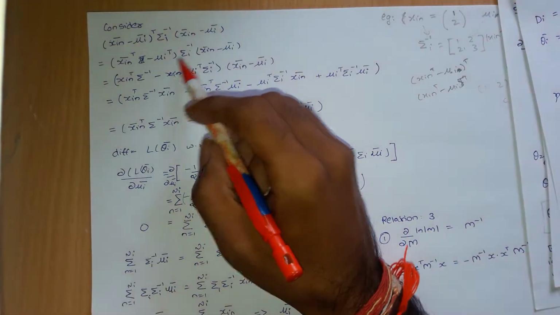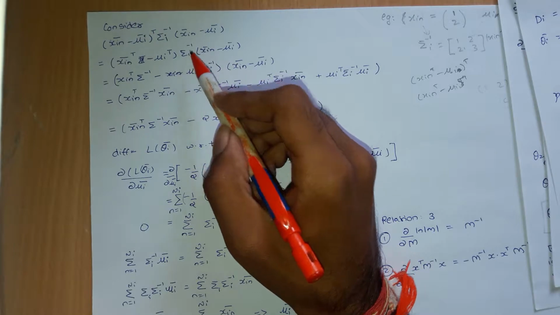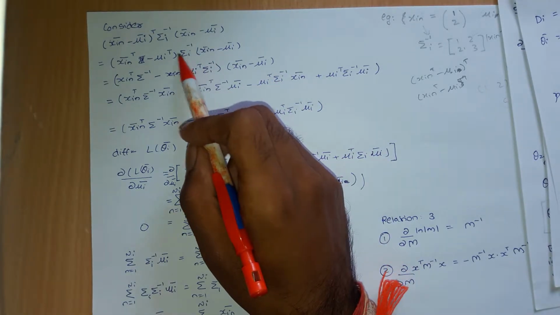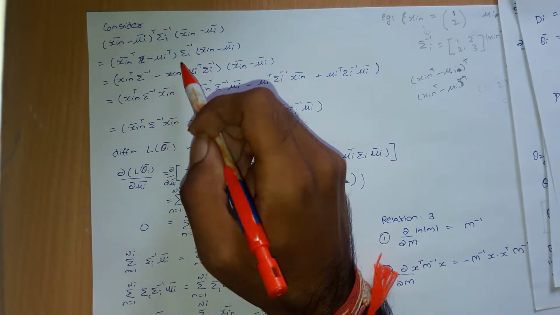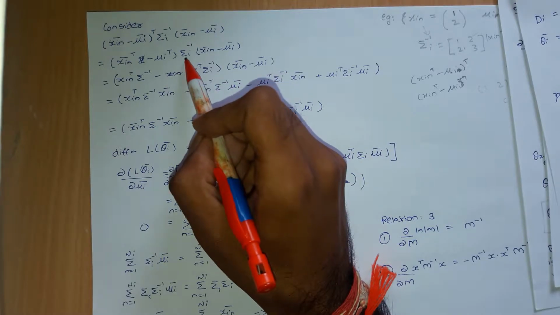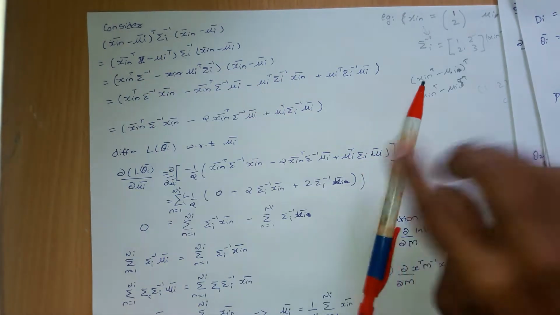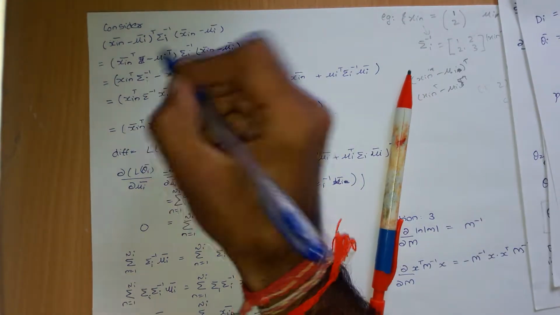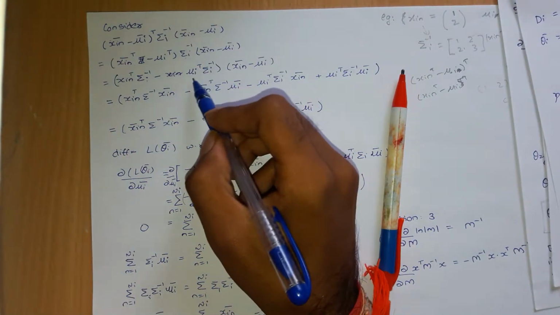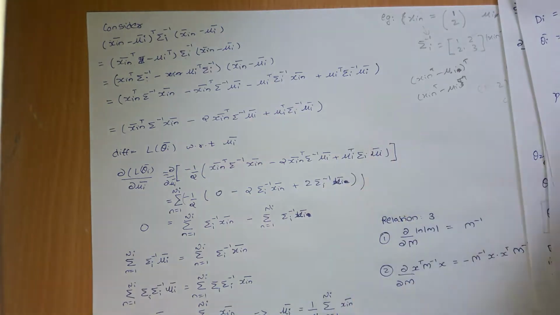So you can basically separate this out. That is what we call the distributive property. I am multiplying sigma inverse with this, so there will be an i over here, and multiplying sigma inverse with this.